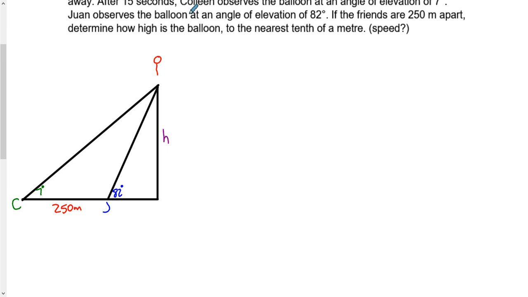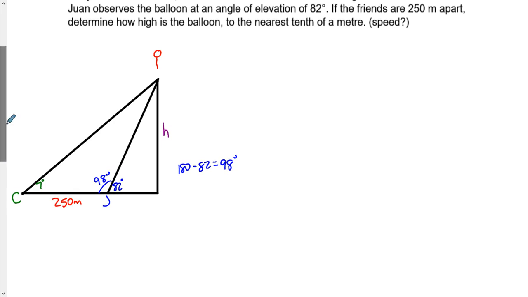So we're going to use some information. For example, how to calculate this one. Well, we're going to have to calculate what this angle is. We'd have to take 180, subtract the 82. It goes 98 degrees. To go further, we'd also have to calculate what this top angle is, which would be 180, subtracting the 98, subtracting the 7.